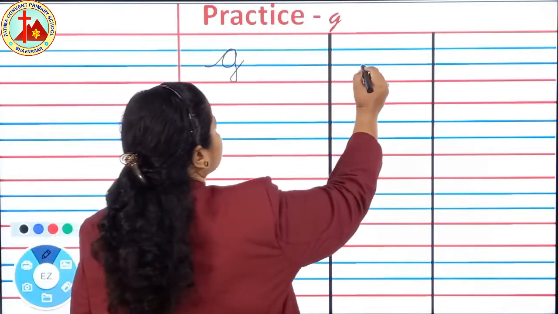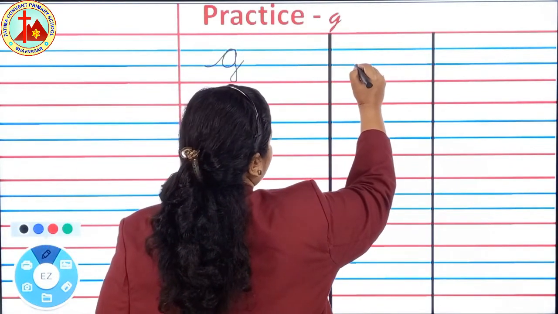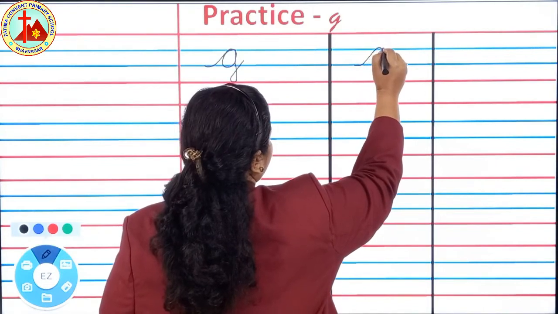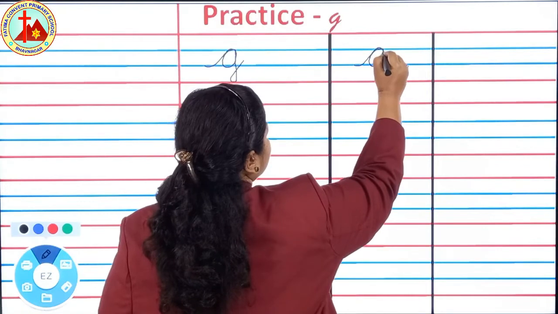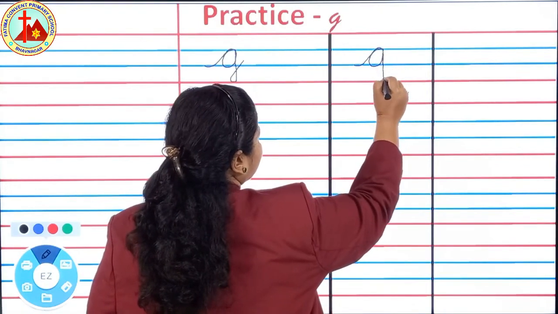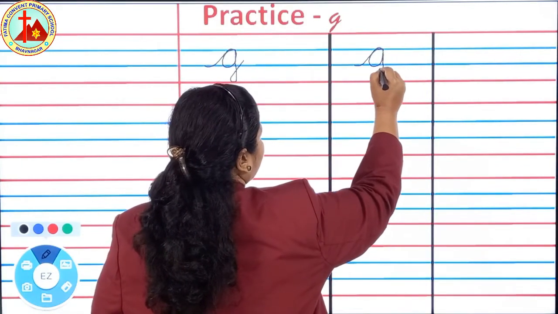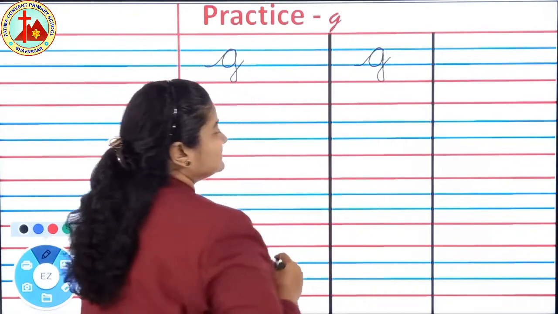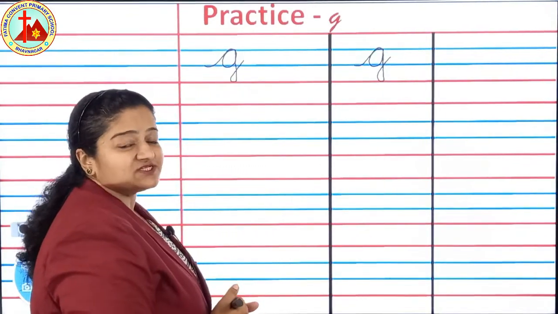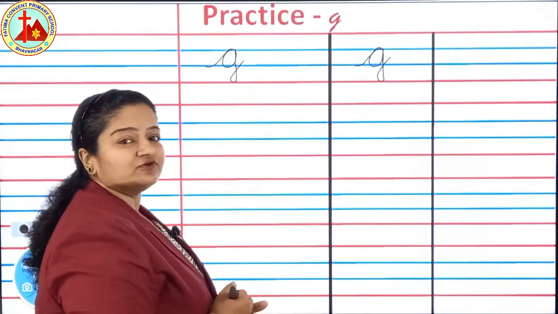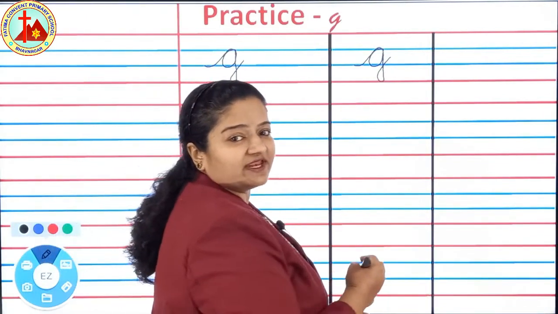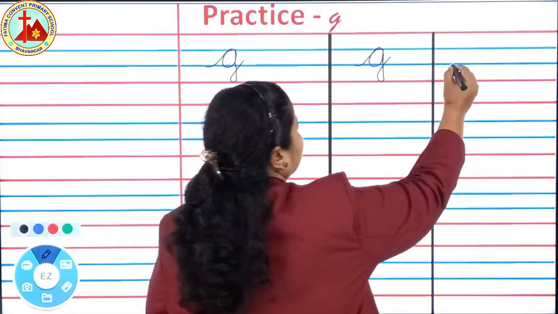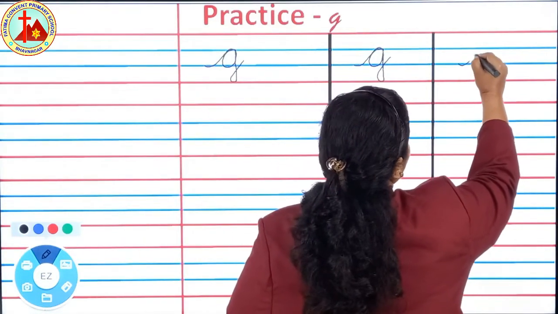Again look here children, don't do it in a hurry. First which letter? Yes, c. Then circle. Then make a 9. After 9 take a loop and this is g. It is very easy. You have to remember the formation. Then you will learn very fast. Come on, we'll write again.